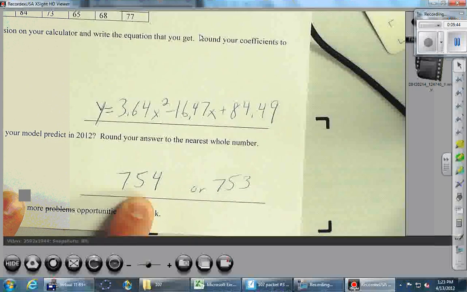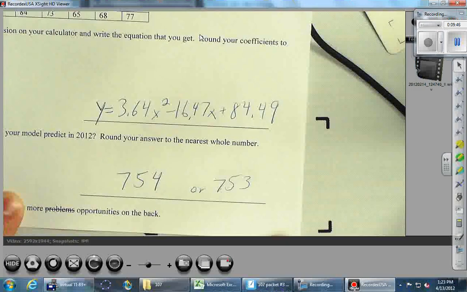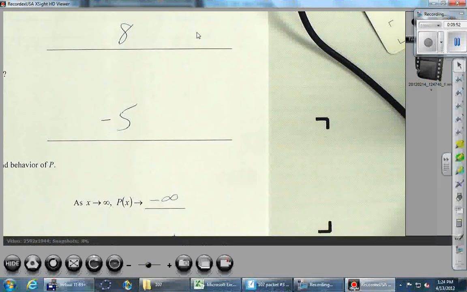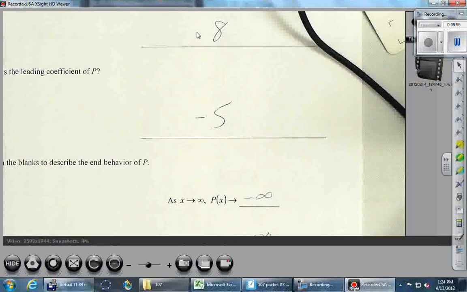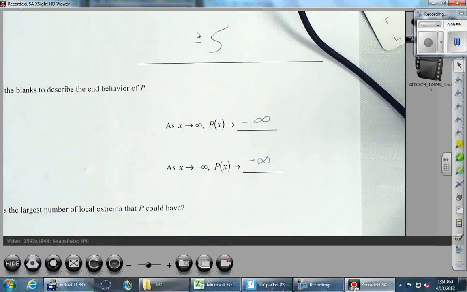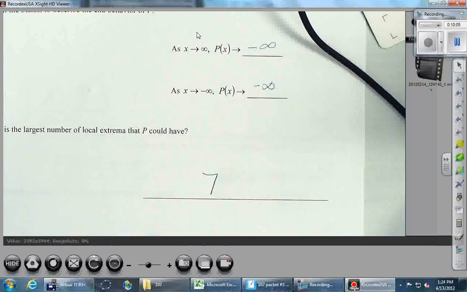I would strongly prefer we not retype, but I'll take either answer here. And then over here, degree of this guy was 8. The leading coefficient was -5. End behavior, minus infinity for both, even degree and a negative leading coefficient. And then finally, number of extrema could be one less than the degree. That was degree 8. You might have 7 extrema, 7 turning points.